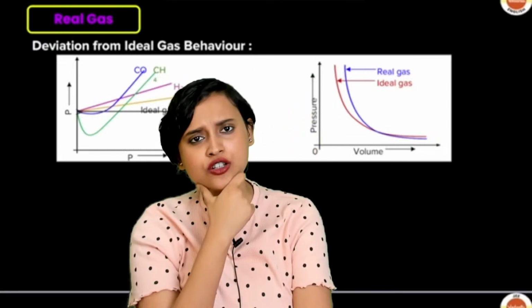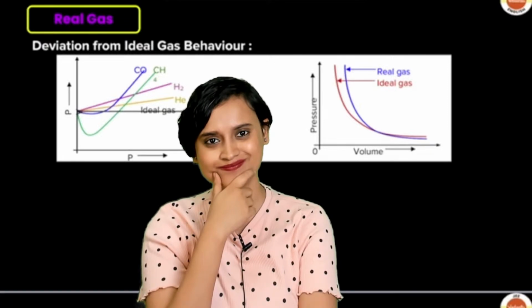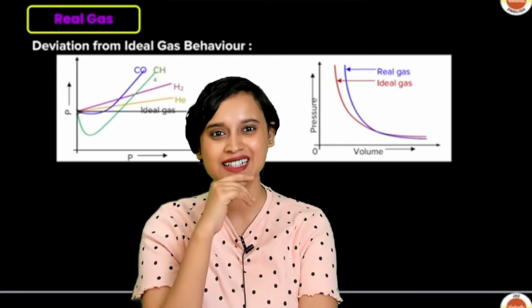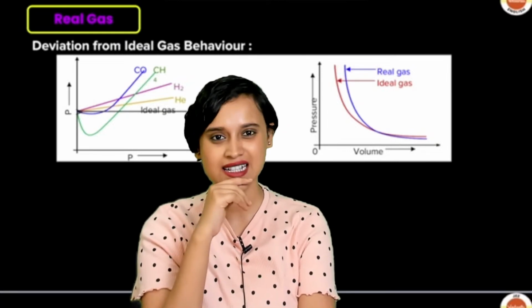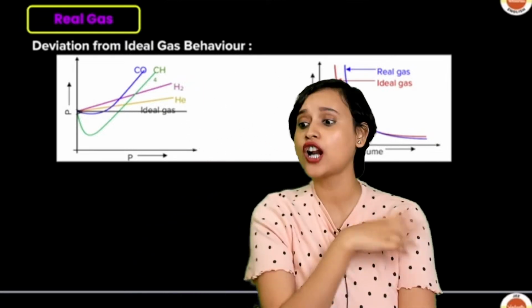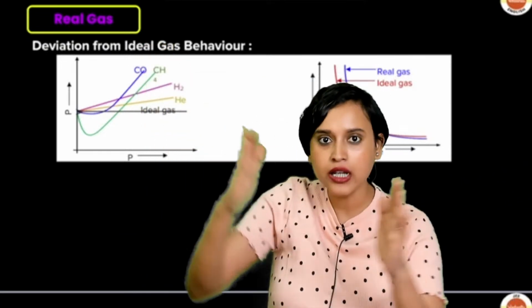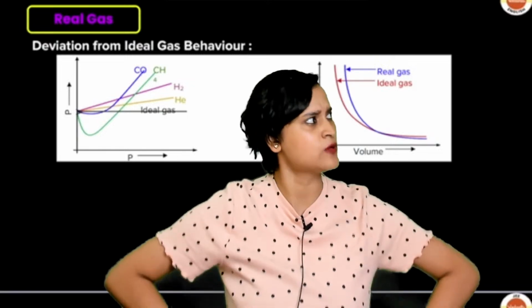Will you still be able to say that the volume is negligible? That was a mistake, right? Then we said that there is no interaction. How will there be no interaction? When you bring them close, obviously the gases are like, why are you bringing us close?